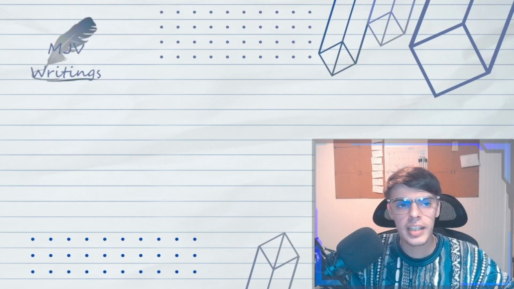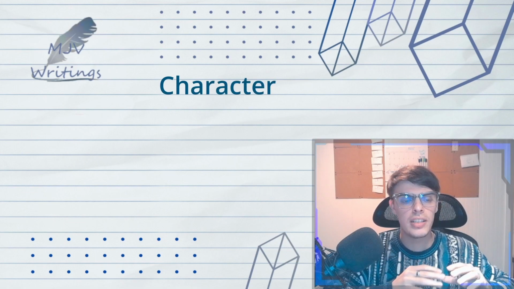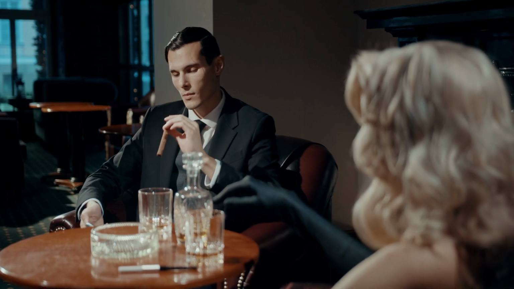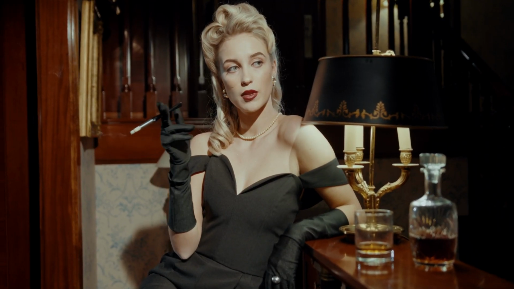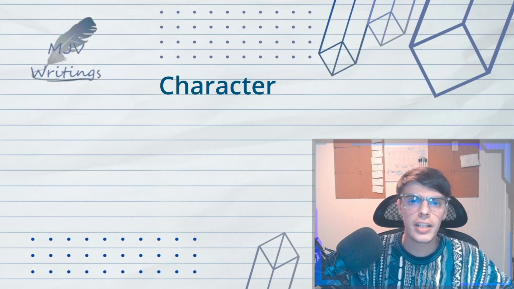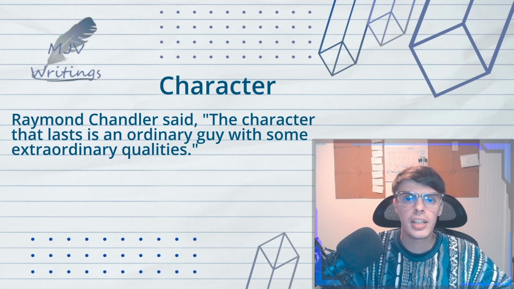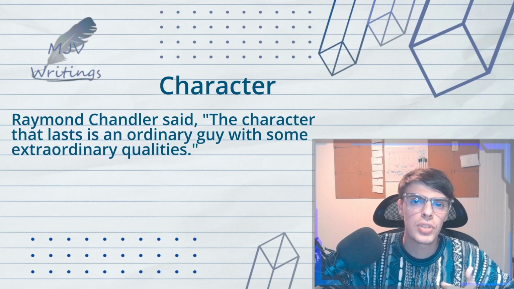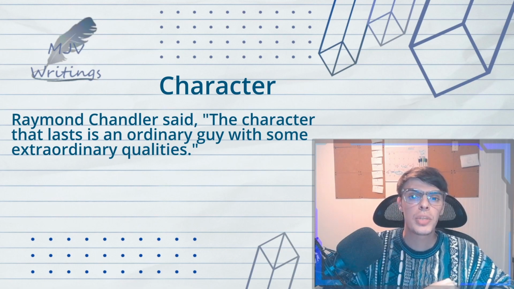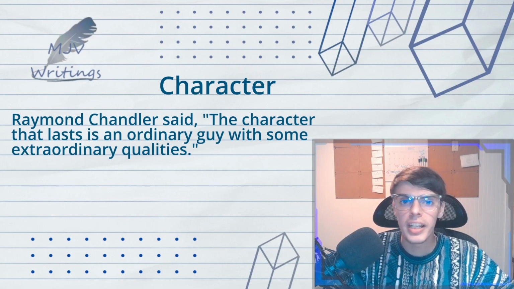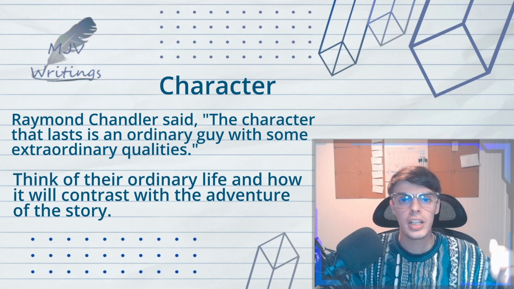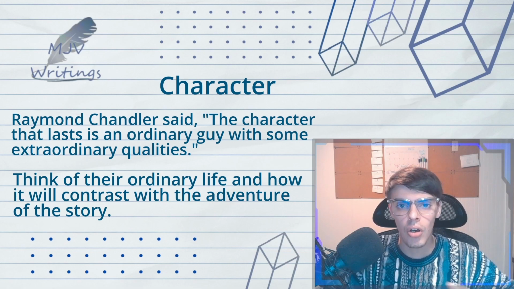The next thing, we need a character. We need someone who is fitting for someone who should fight a bad guy and save someone in the end. And you may not have all the details on your character right now, but try to think of someone who is interesting to fit that premise. A lot of times, someone who is unfitting for that premise is a good choice, or someone that seems like they should be fitting, but isn't, because contrast is something you want weaved into your story over and over throughout all of your elements.